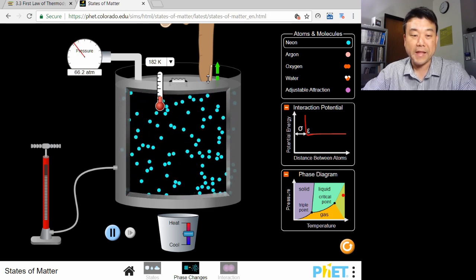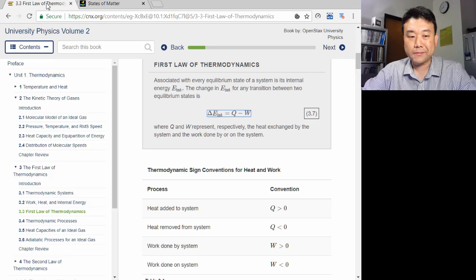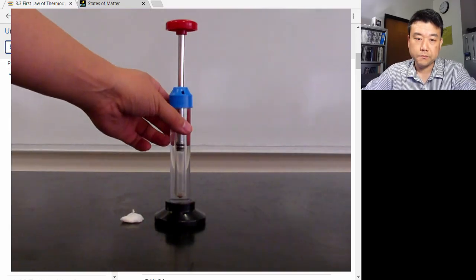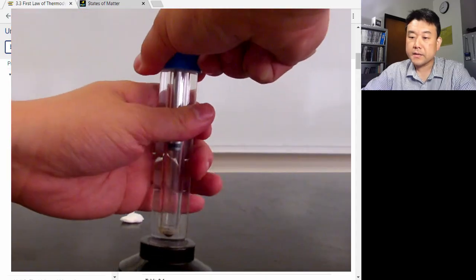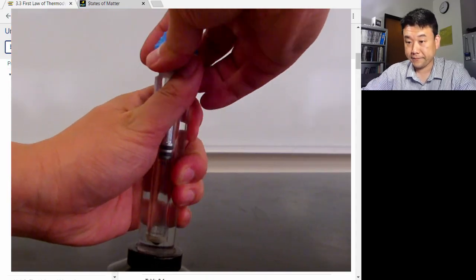Now I want to wrap up this video with a physical demo. Well, a recording of a physical demo. This is a piston for illustrating what we have been talking about.